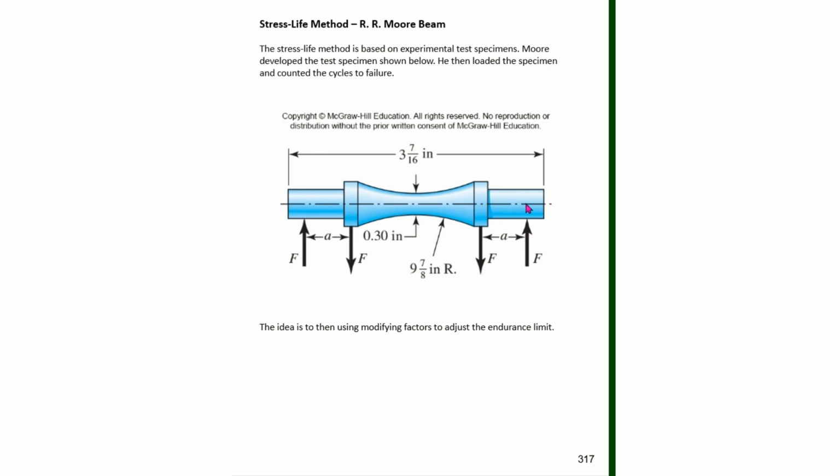And then he put this in a spinning machine where he could apply a moment. And he applied a bending moment to this beam, and then as it spun, it would see tension and compression, and tension and compression, and then he would count the number of cycles till it failed.